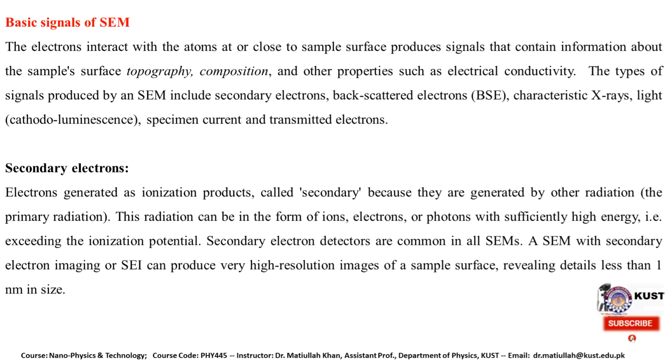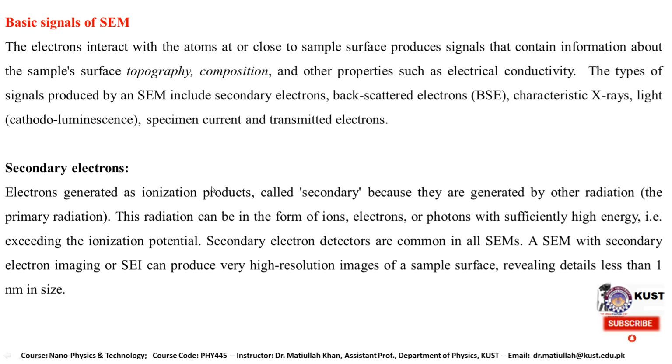There are different types of signals: the secondary electrons, the backscattered electrons, and characteristic X-rays. Light is also produced, which is called cathodoluminescence, as well as specimen current and transmitted electrons.